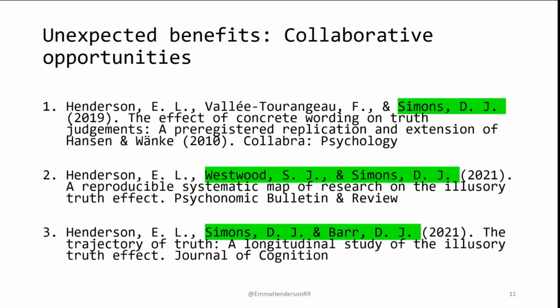And a big reason that these people said yes to collaborating was because I said it's going to be a registered report. So that meant that they knew that I cared about rigorous research. They knew that I cared about transparency. So it's kind of a shortcut to tell people what you value in research. And I think all 3 of these people sort of cited registered reports as being a big reason as to why they wanted to collaborate.